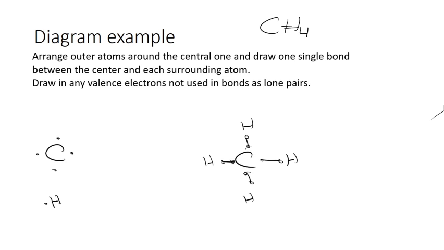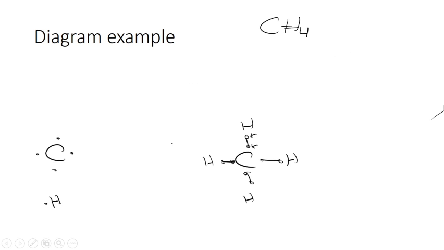We've got our 4 valence electrons from carbon and our 1 valence electron from each hydrogen. They're forming these bonds, so all our valence electrons are used up, and we don't have to write in any lone pairs on this one.